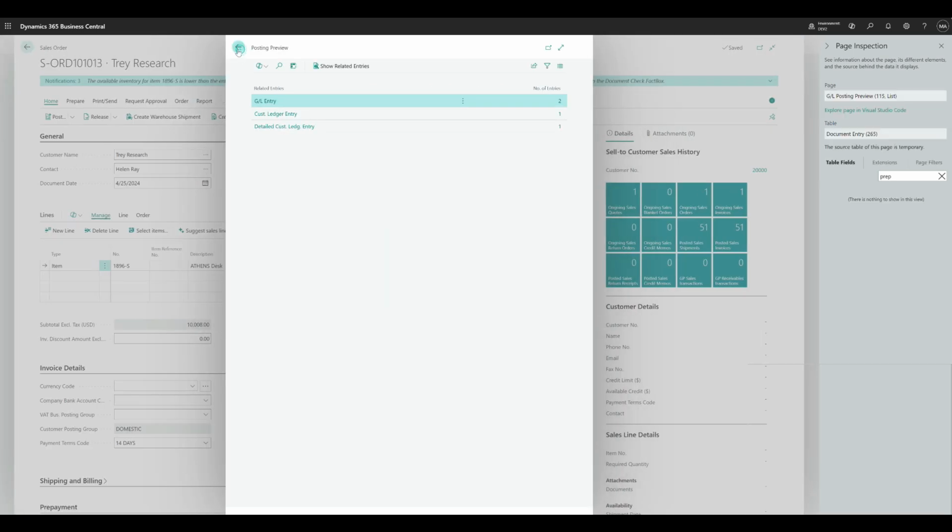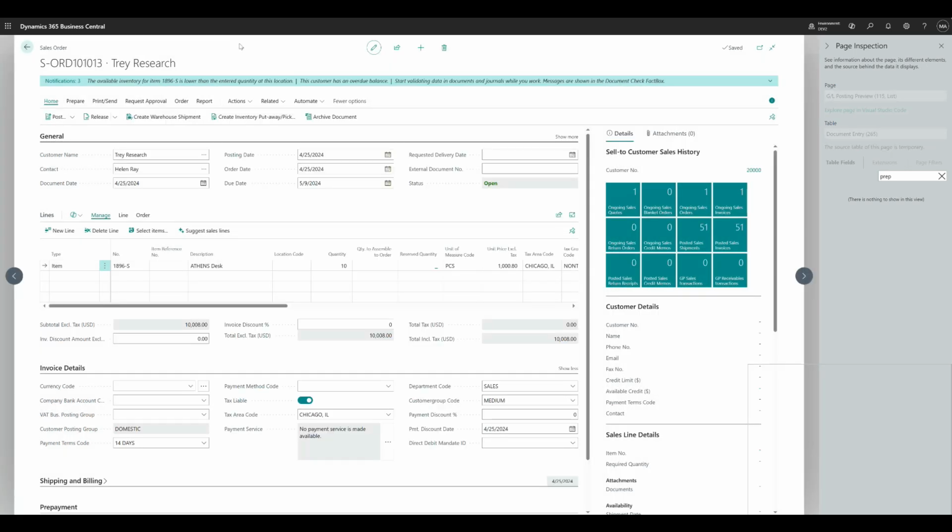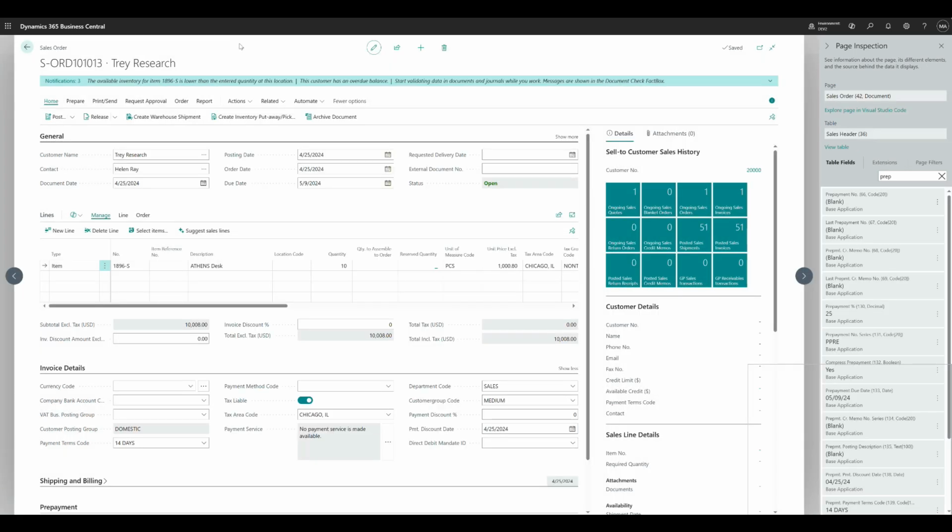But in fact, sometimes the deposits are posted right away. Let's say somebody comes onto our floor and asks for these 10 desks, and we say okay, we have them in stock, we can ship them to you right away, but we want 25%.